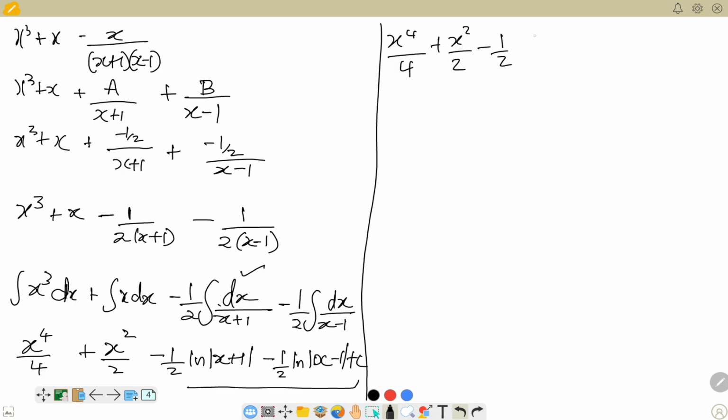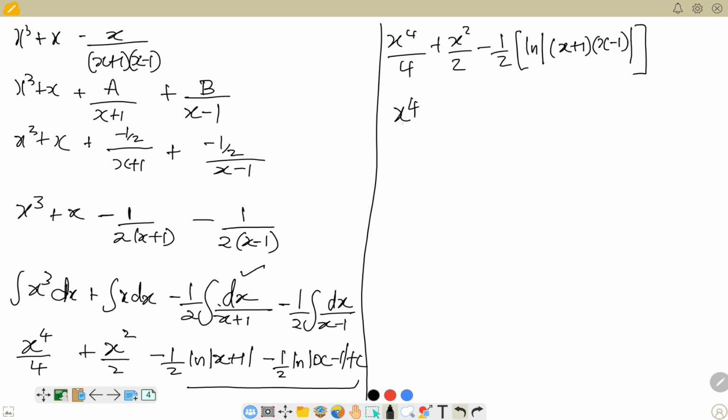So if we factor out negative 1 over 2, we end up having ln of x plus 1 and x minus 1 in that way.